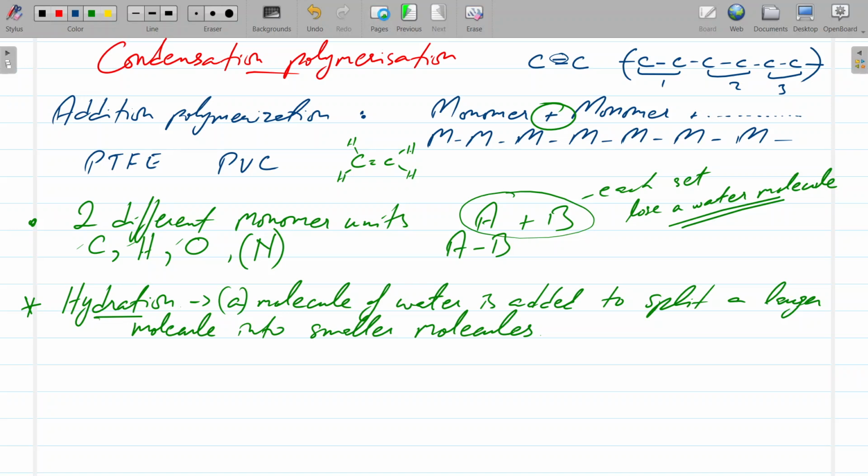This is what they are. The first one is hexanedioic acid. Hexanedioic. Now, can you guess what this molecule is like?